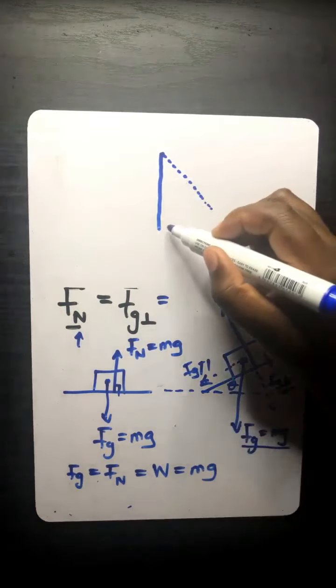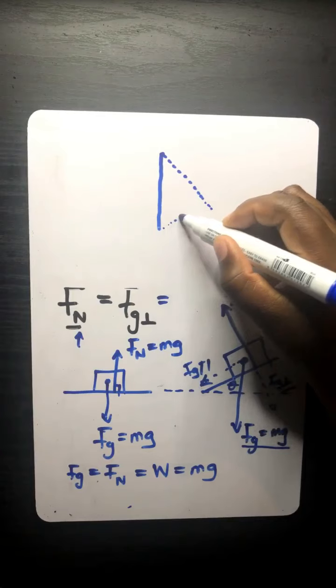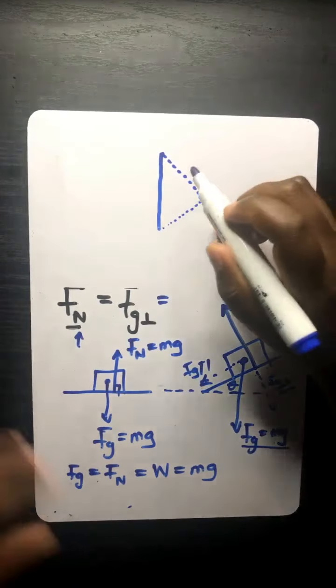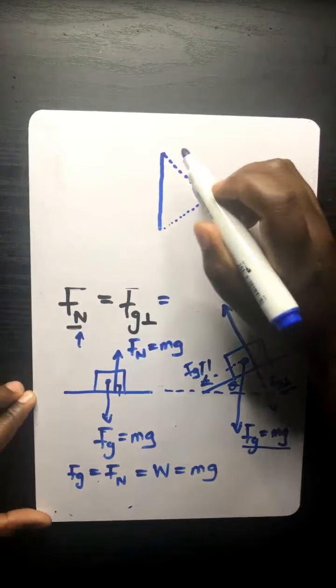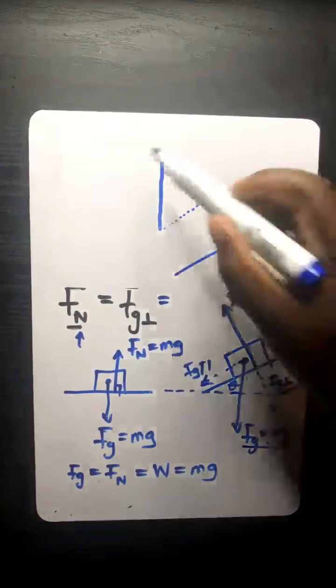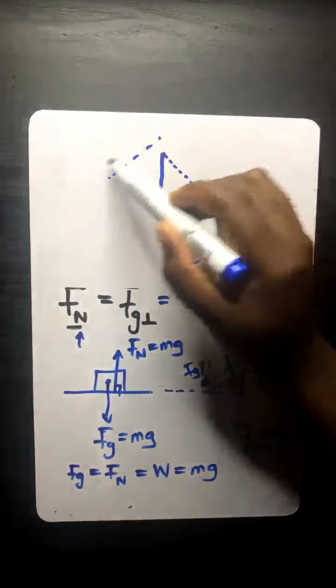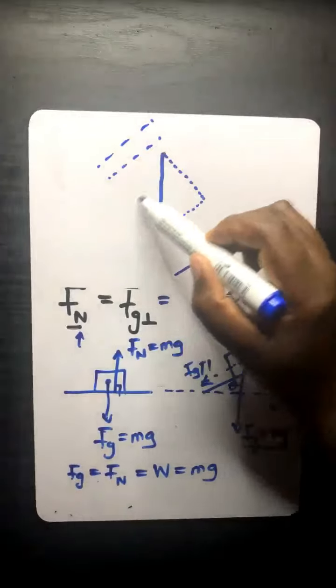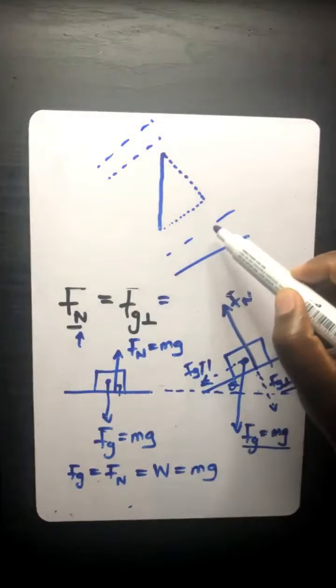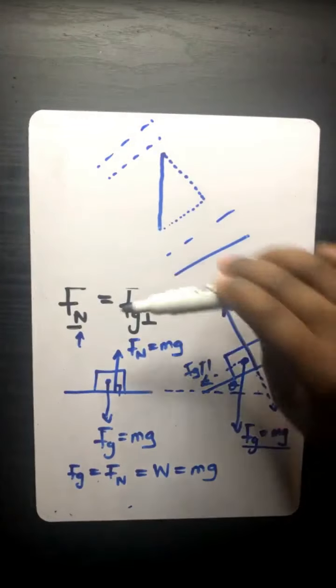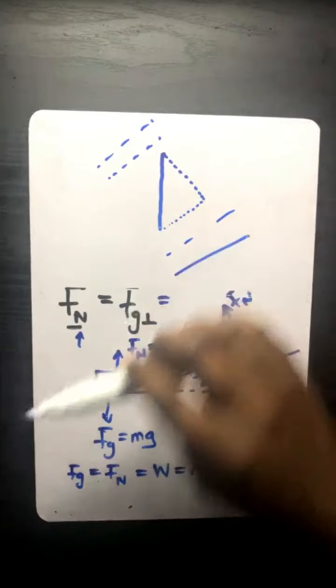Now let's do force of gravity parallel. It just has to be a line which is parallel to the horizontal surface. It doesn't matter whether you draw it there, or there, or wherever, as long as it is a line parallel to that surface.